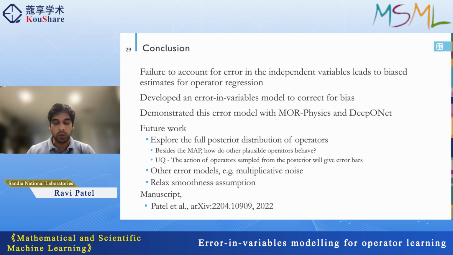Since we use this low pass filter, we're assuming effectively that the input functions are all smooth. Many PDEs exhibit shocks. Those would break the smoothness assumption, so we want to consider that case as well.